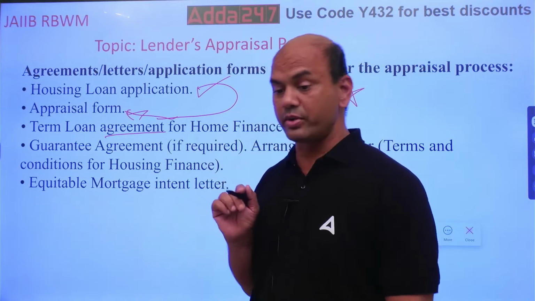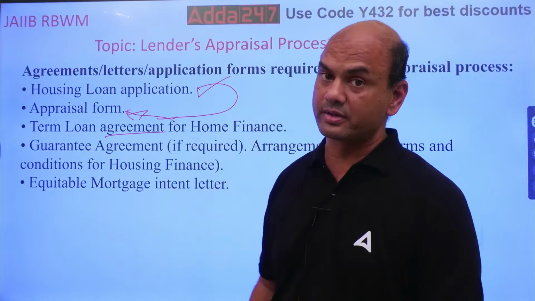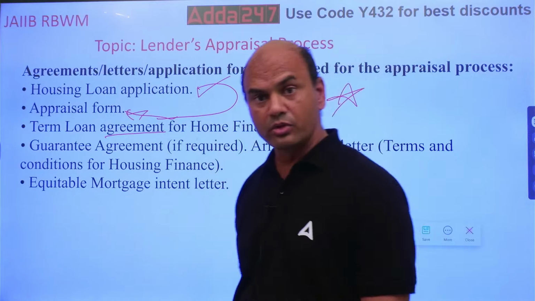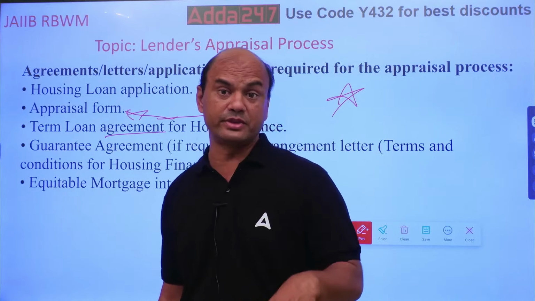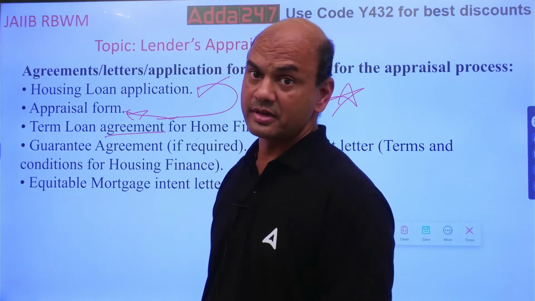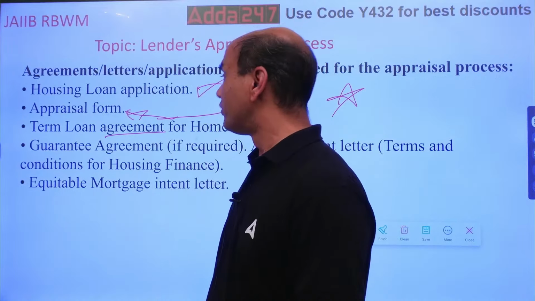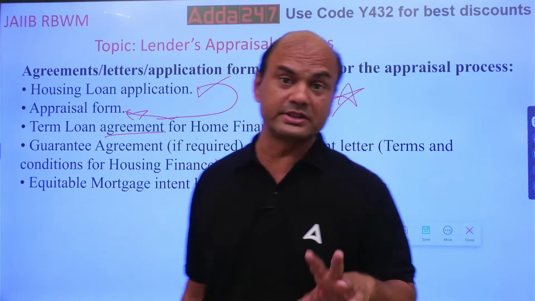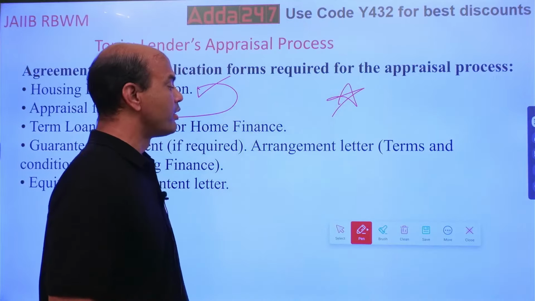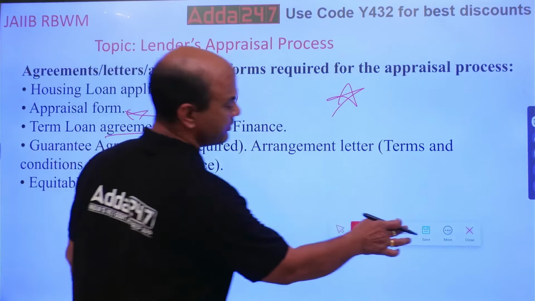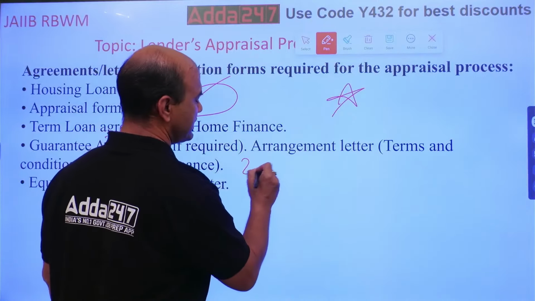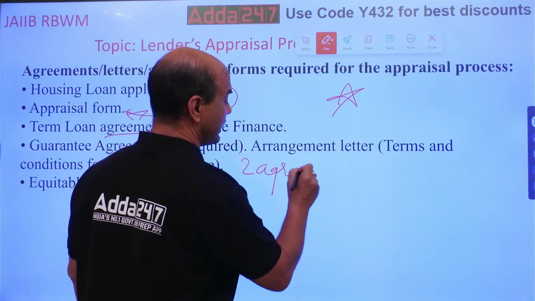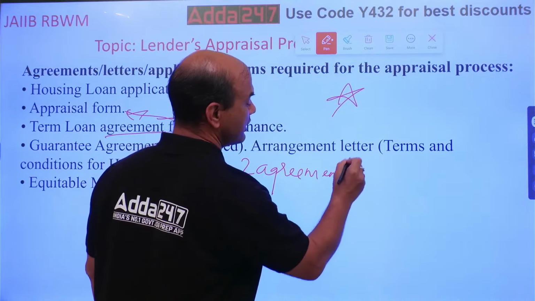Now, one point which I need to stress over here. In any home loan, there will be two agreements. Which are these two agreements? Kindly check, so don't confuse these agreements. Kindly note this, don't get confused.